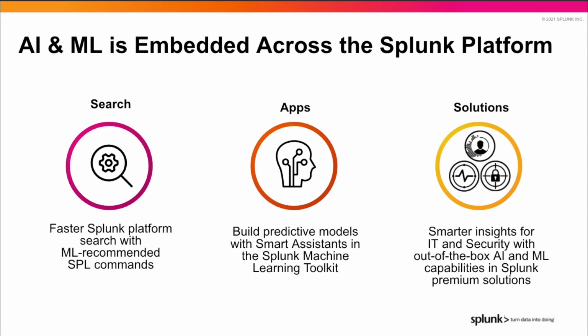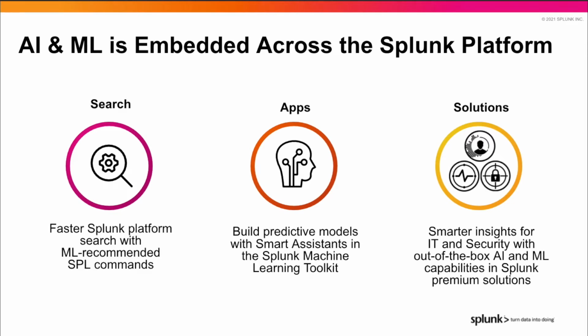But as well as the Machine Learning Toolkit, there are a number of other apps. The DGA app for Splunk is a really good example of a pre-packaged workflow that utilizes machine learning so that you can detect malicious domain names on your own data. Another good example of an app is the Smart Ticket Insights app, which is the one we're going to be talking about in this tech talk today.